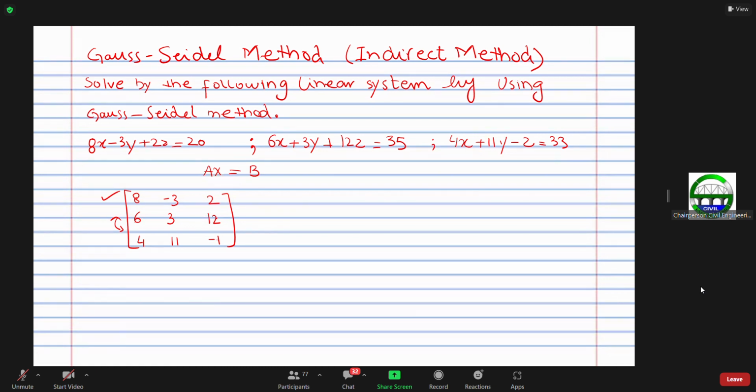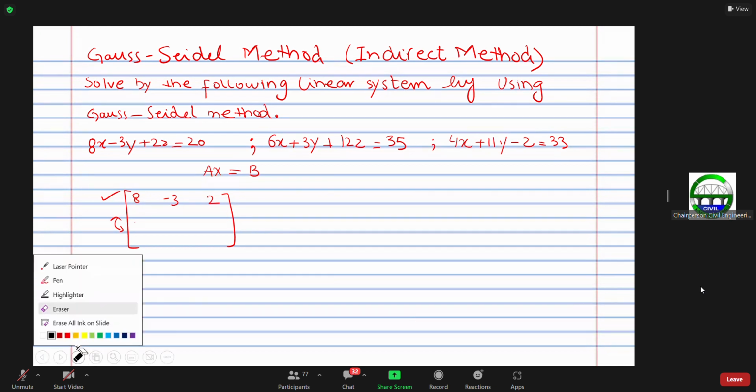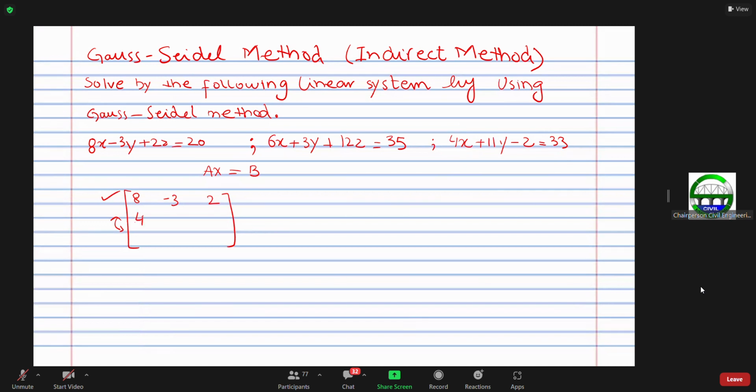So we will just interchange these two values, and then our matrix will be like 4, 11, minus 1, and 6, 3, and 12.